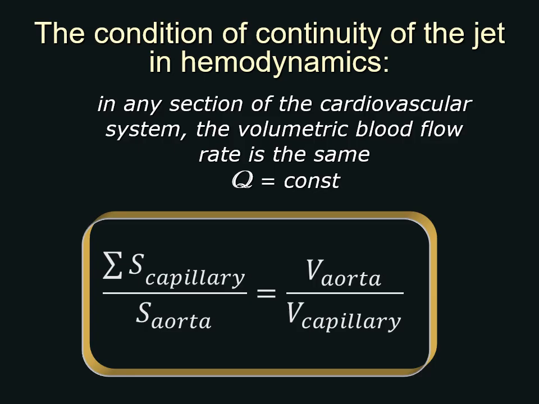The total cross-sectional area of all capillaries relative to the cross-sectional area of the aorta equals how many times the velocity in the aorta exceeds the velocity of blood flow in the capillary. This ratio is approximately equal to 700 or 800, dimensionless.